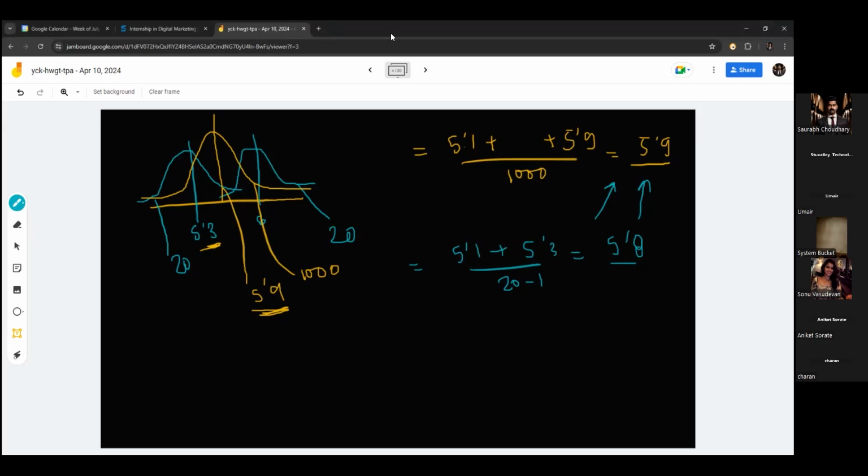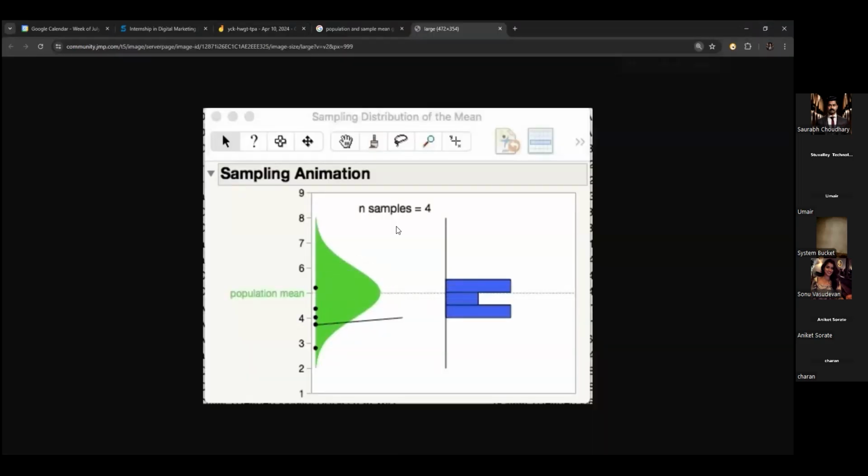Yes, I think I got some picture. See this. They are explaining with the help of a picture. Observe this and tell me what is happening here. I want answers from each of you. What is happening here?